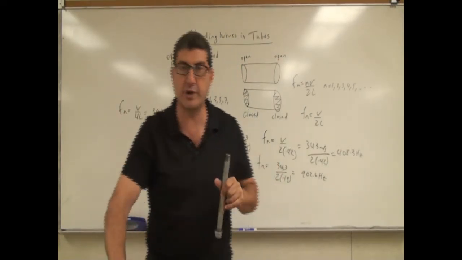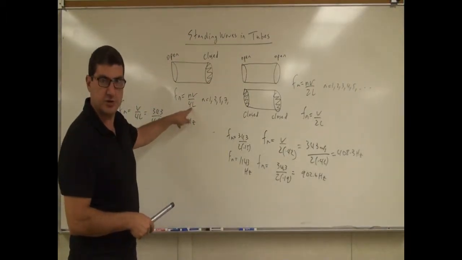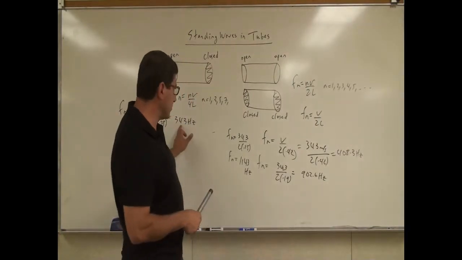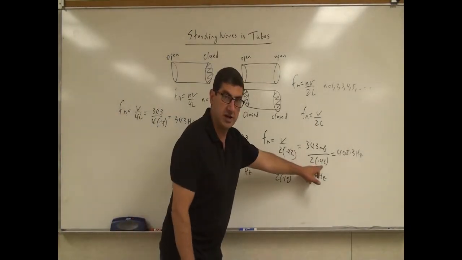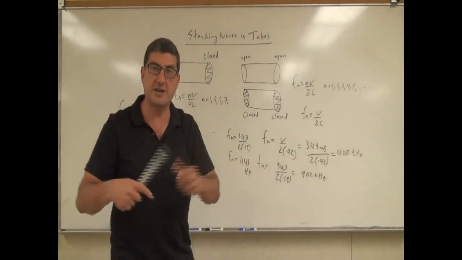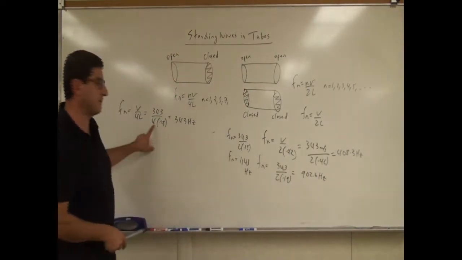Lower frequency, why? Because of the 4. You see? So the equation is actually working. It's producing a lower frequency than this one, which was longer, and the longer usually produces the lower frequency, right? But this is actually lower frequency because it has a 4 here.